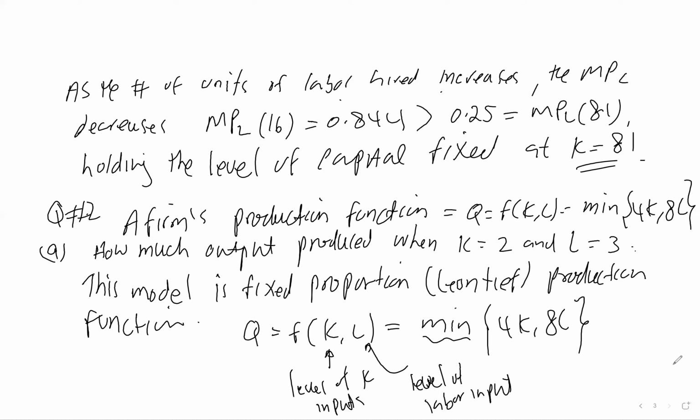And again, the goods that we have, labor and capital, are entering as complements. So when the question is asking K is equal to 1 and L is equal to 3, then we can see that the quantity is equal to 8 units.